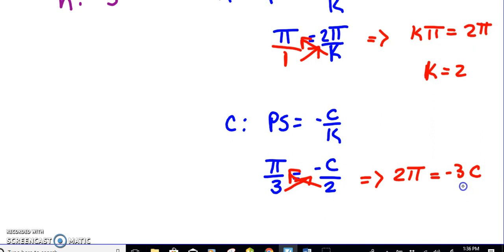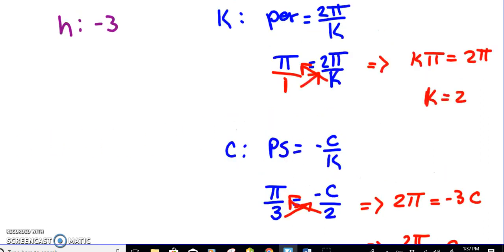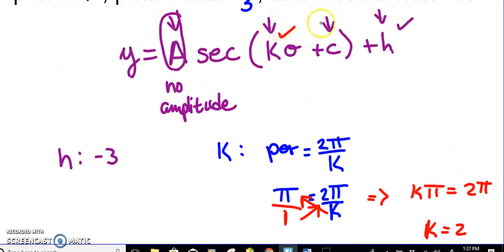We're trying to find what C is, not negative C, so we divide both sides by negative 3, and that gives us negative 2 pi over 3 equals C. So we have our C, our K, and our H.